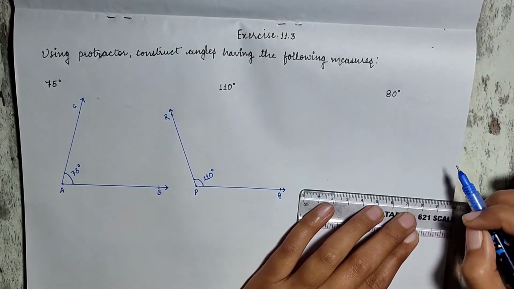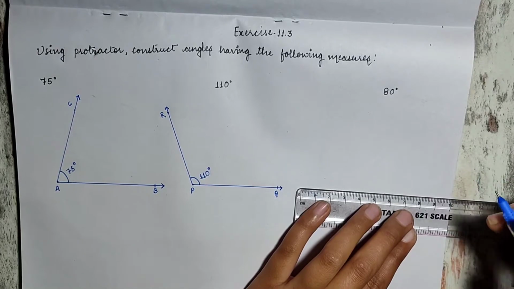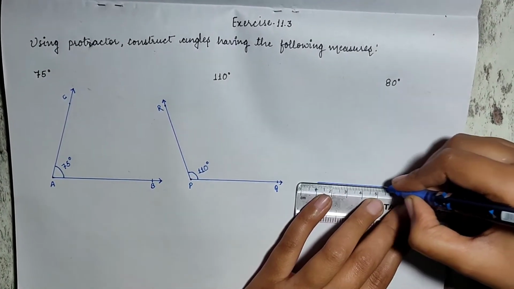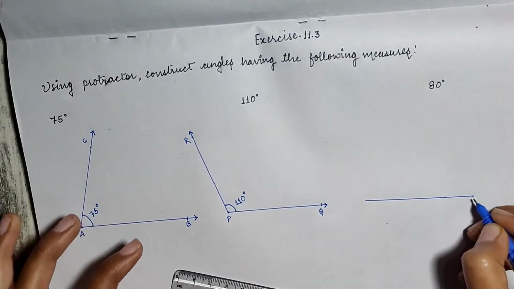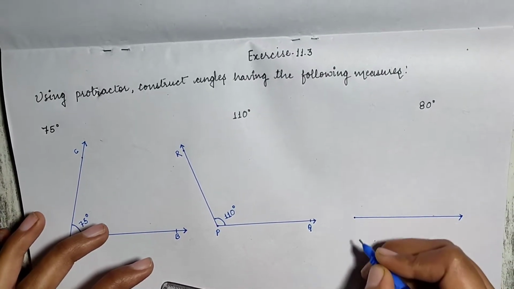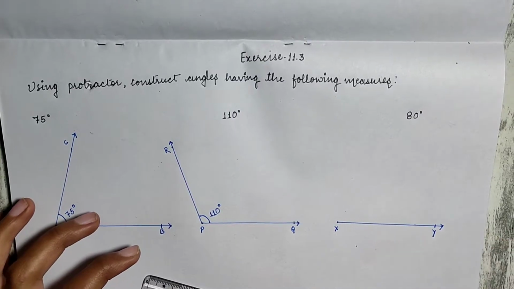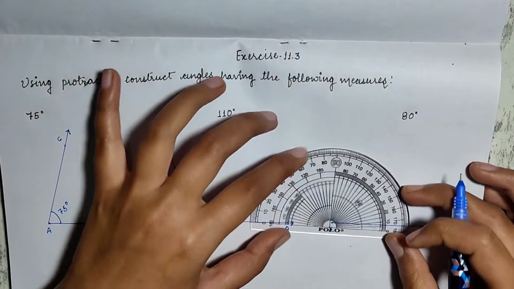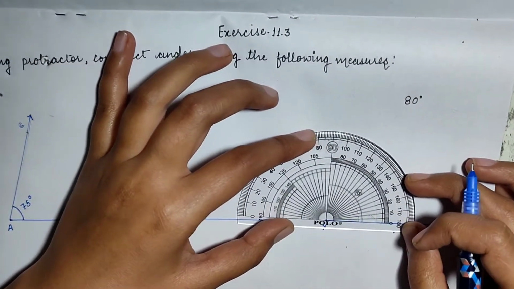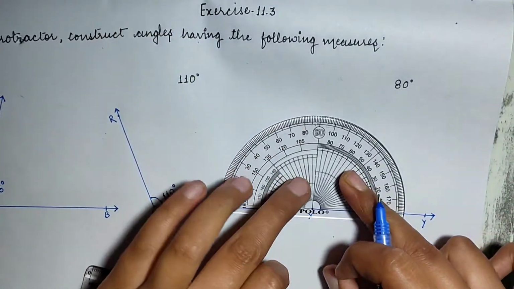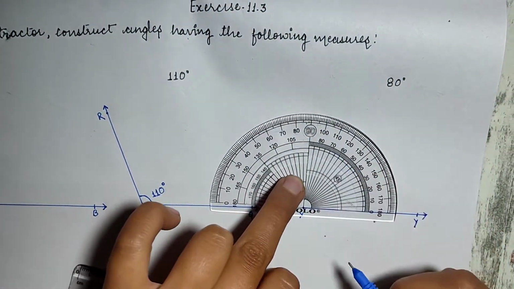Now we have to draw an angle of 80 degrees. So again draw a ray. Name this ray as X, Y. Take your protractor, place it on this ray XY. Now find 80 degrees on your protractor.